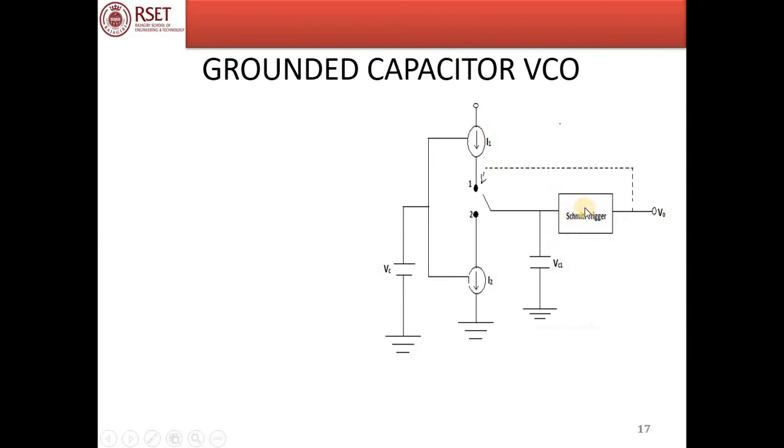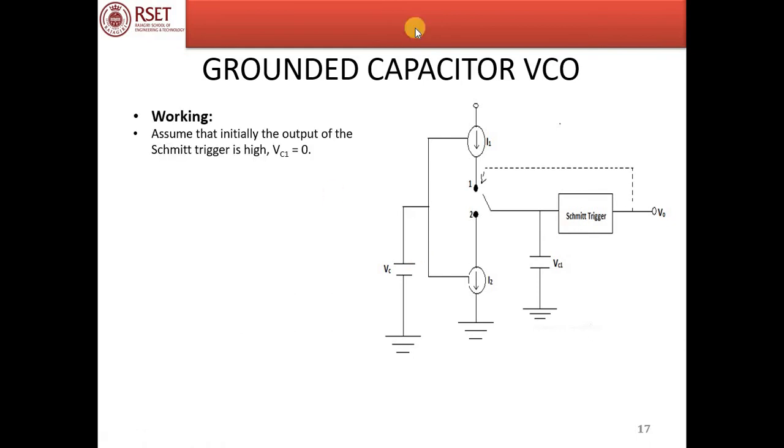This is an inverting Schmitt trigger. There is a capacitor. There are two current sources, I1 and I2. A Schmitt trigger controls a switch. It has got two positions, 1 and 2. And this is the modulating voltage VC, by which the output frequency is controlled.